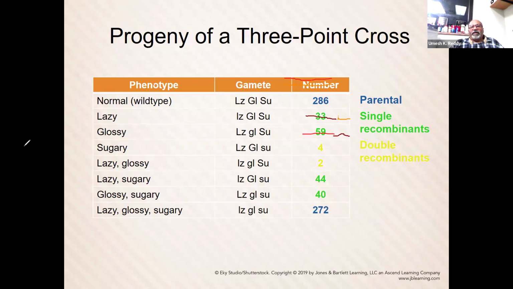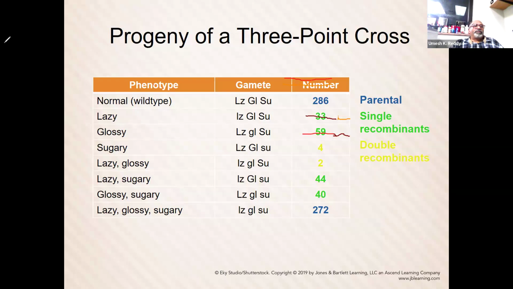Finally, I got it. Because of this recombination, the fragments changed. This red got this magenta color one, and the magenta color one got the red fragment.